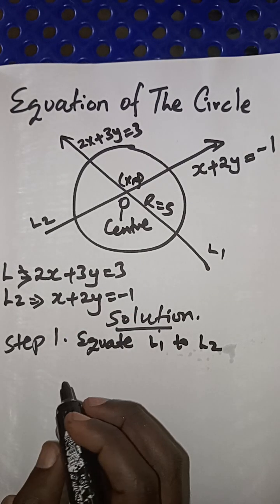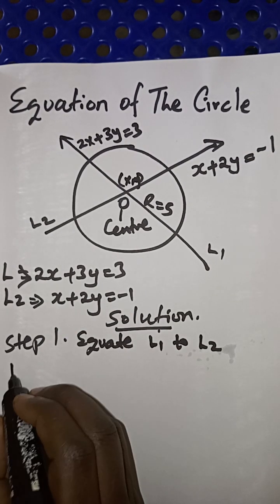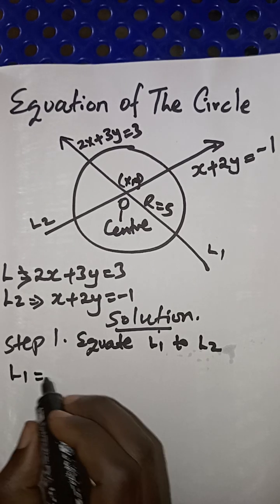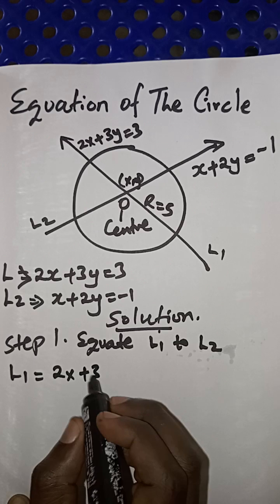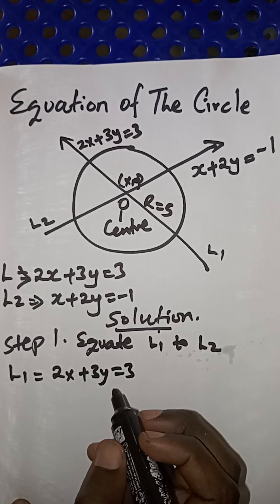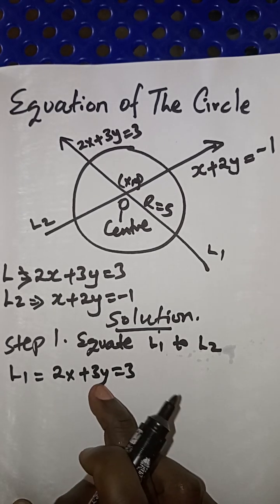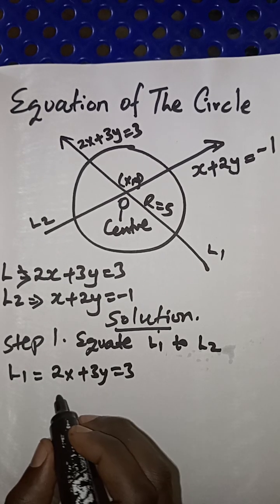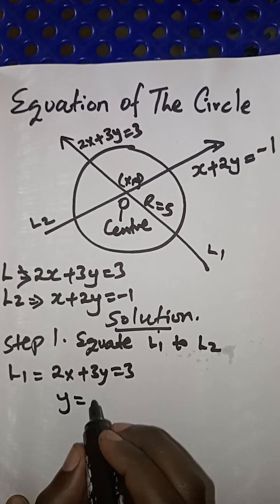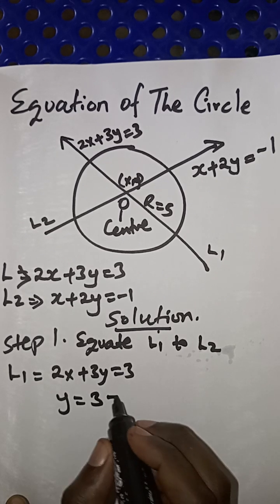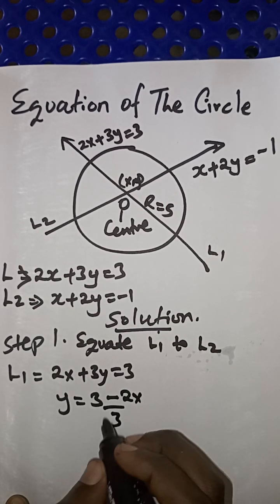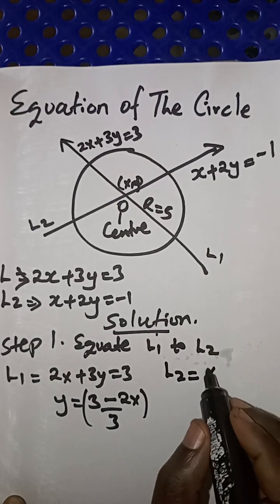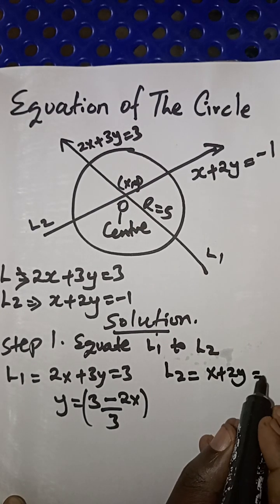So equating the two lines, in the first line L1 I have 2x plus 3y equals 3, meaning for me to make y the subject of this equation, y equals (3 minus 2x) over 3. In the second line, I had x plus 2y equals -1.